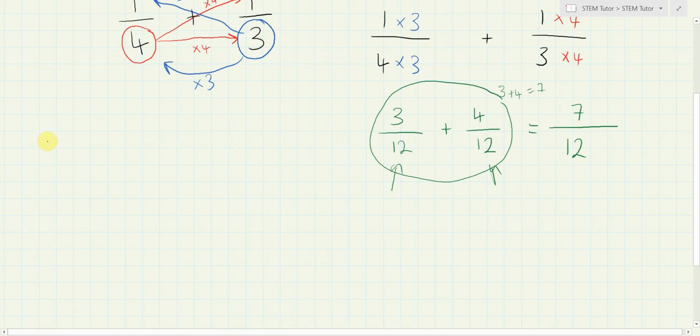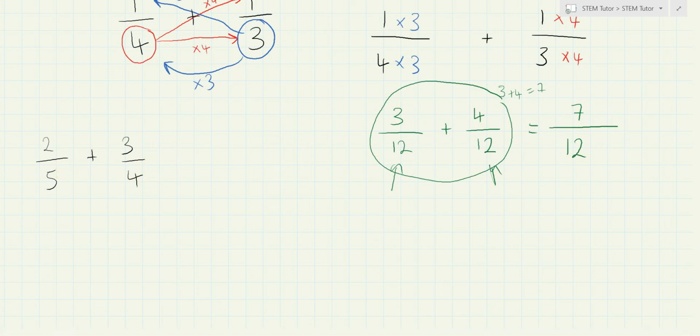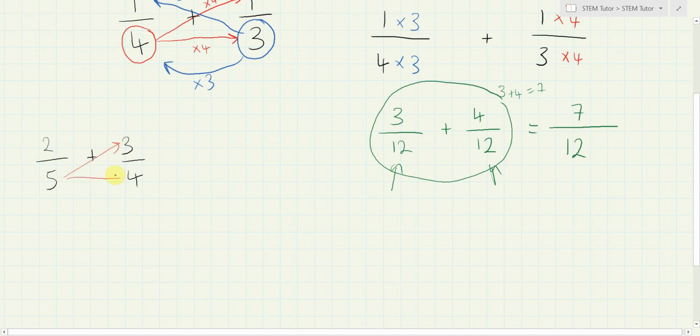So let's just do another example. Let's say we have 2 over 5 plus 3 over 4. So you rewrite it where you multiply top and bottom on this side with 5, and then you multiply top and bottom this side with 4.